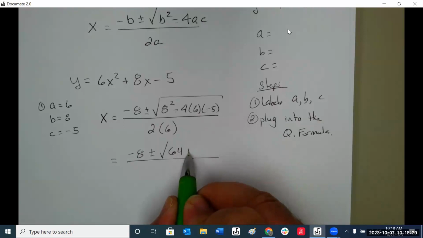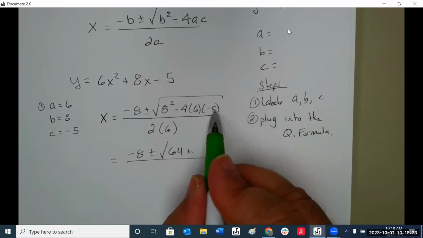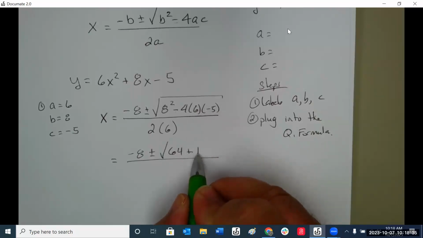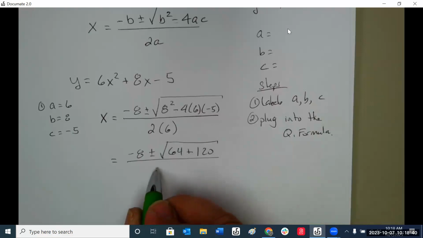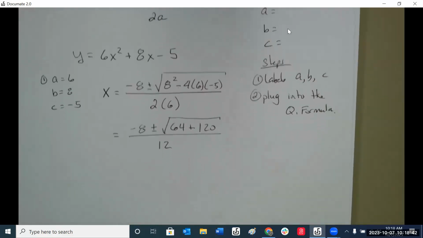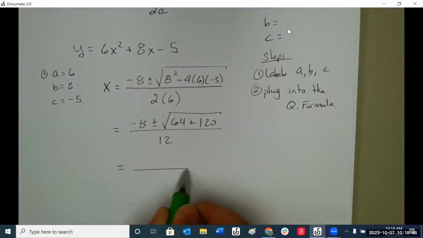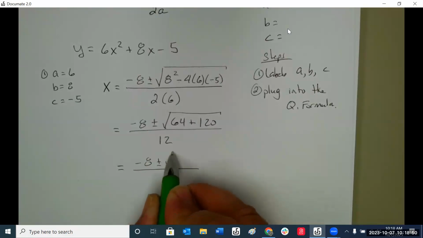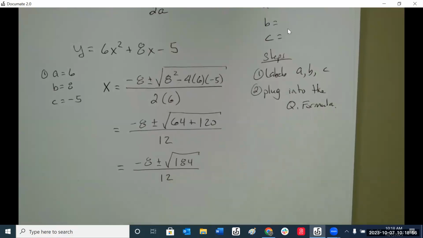Negative times negative is a positive. 4 times 5 is 20 times 6 is 120, over 12. Negative 8 plus or minus square root of 184 over 12.